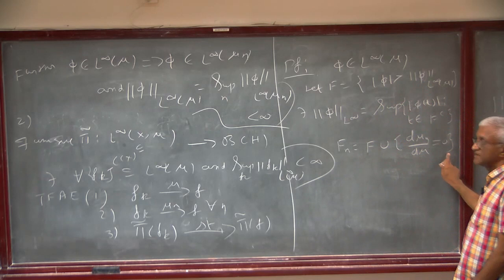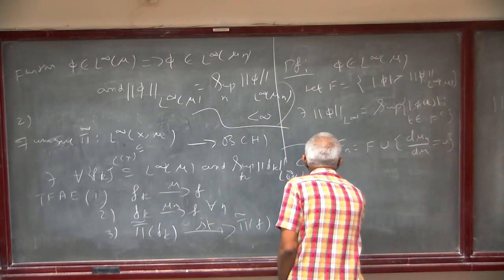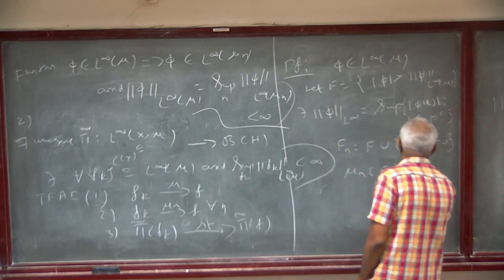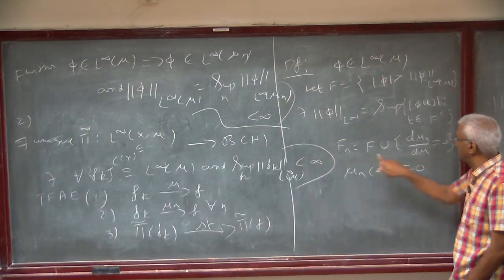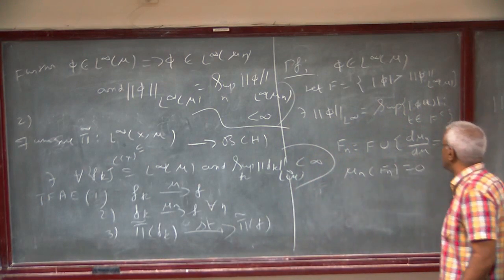Even F n is also 0. Now, mu1 of this set is 0, mu1 of this is 0.